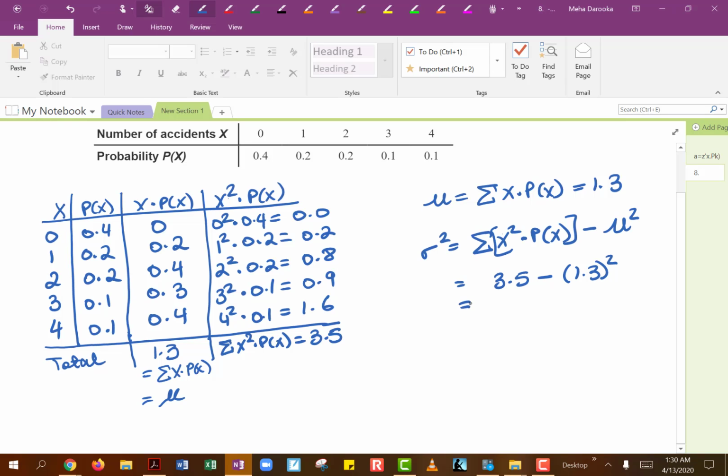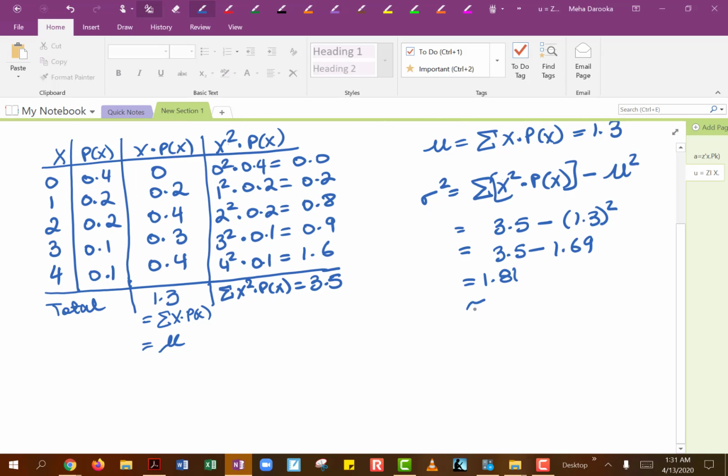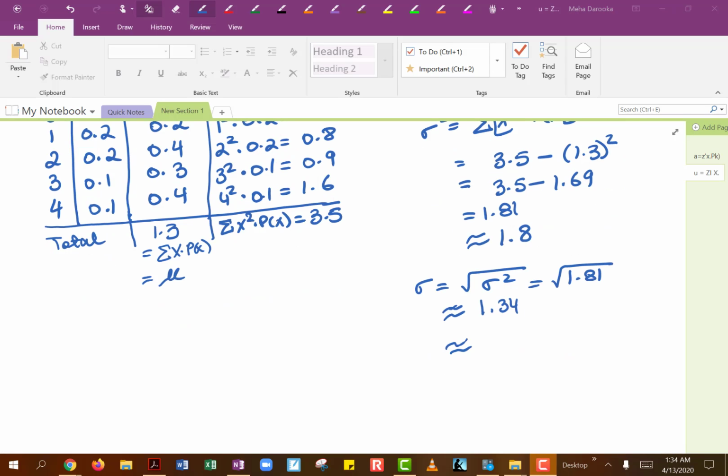When you go through that calculation, you get 1.81, or using our rounding rules, 1.8. And then the standard deviation would be the square root of 1.81. When you take the square root of 1.81, you get 1.34 and then a bunch of numbers after that.